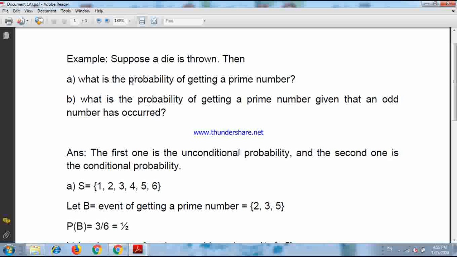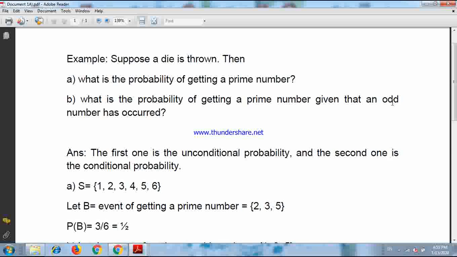So in this example, the first part is the unconditional probability, because we are simply to find out the probability of getting a prime number without any condition or without having any prior information. But in the second part, to find the probability of getting a prime number given that an odd number has occurred, we are to find the probability of a prime number on condition that we have some prior information.